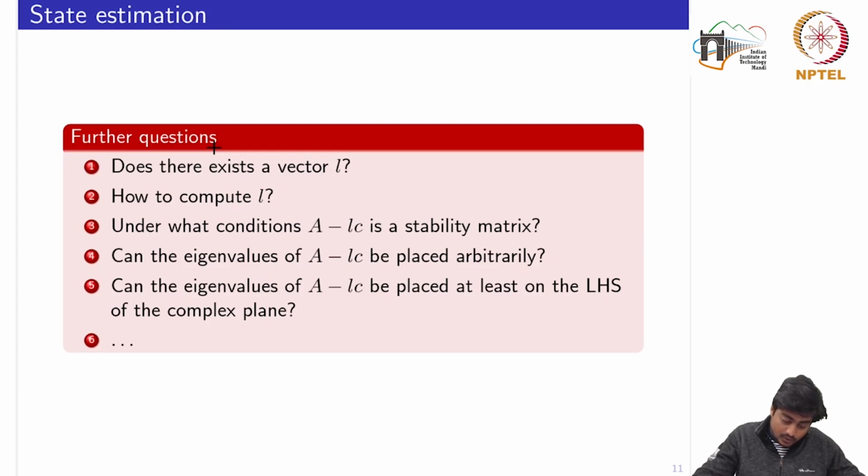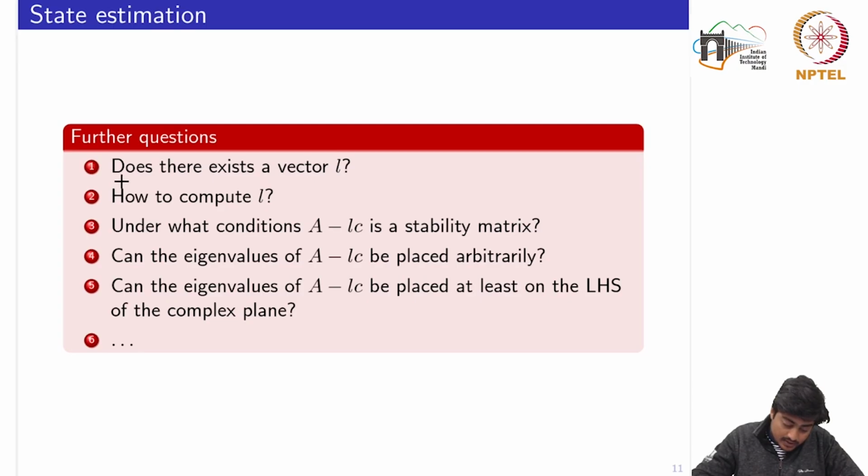Though we have reduced some of the disadvantages we saw in the open loop estimator, and we have seen that if A minus LC is a stability matrix, then the error will converge to 0, there are further questions which arise after that formulation.